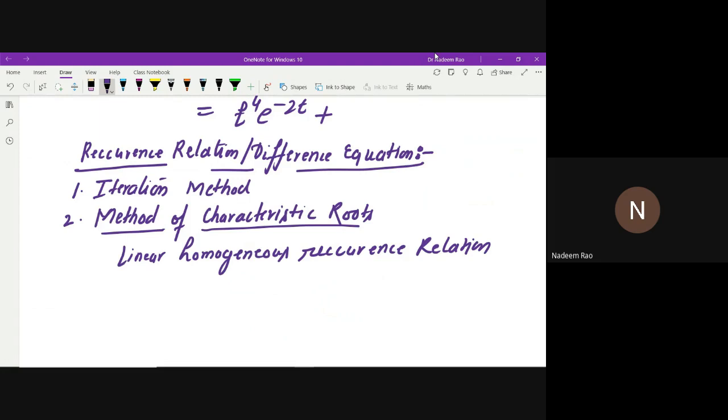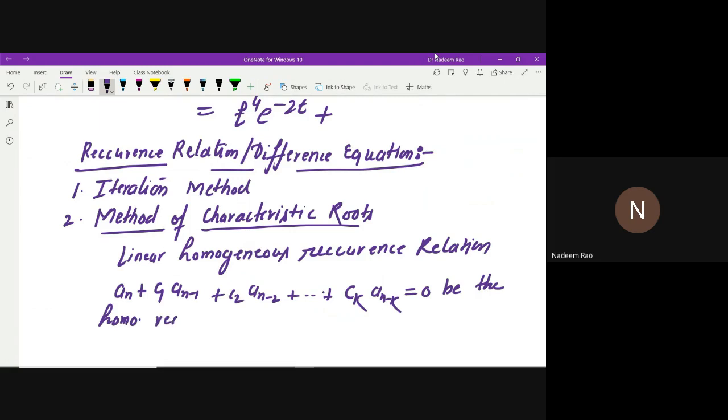So, an equation of the form a_n plus c1 a_(n-1) plus c2 a_(n-2) plus dot dot plus ck a_(n-k) equals 0 is the homogeneous recurrence relation with constant coefficients.